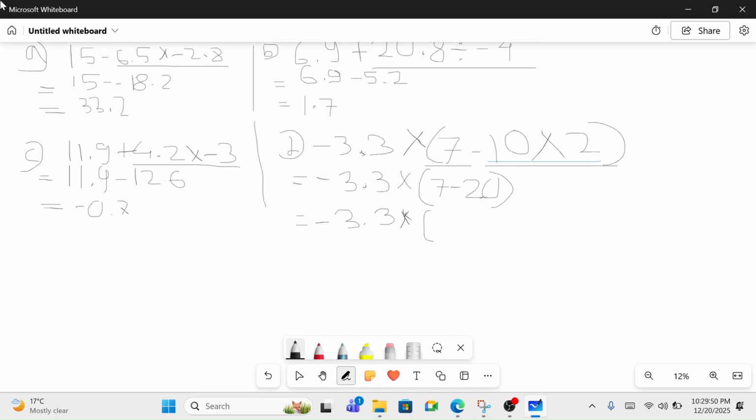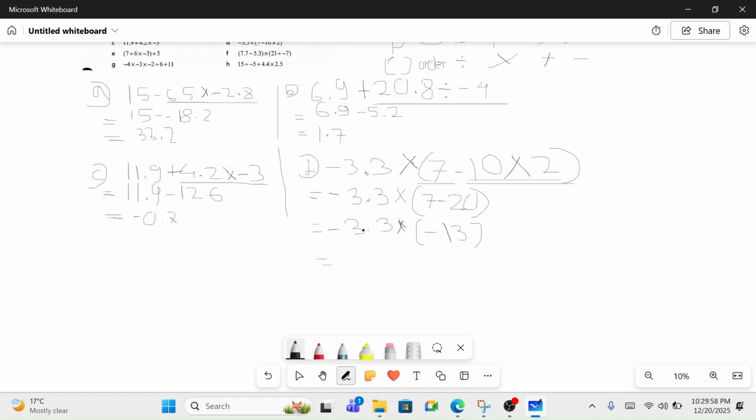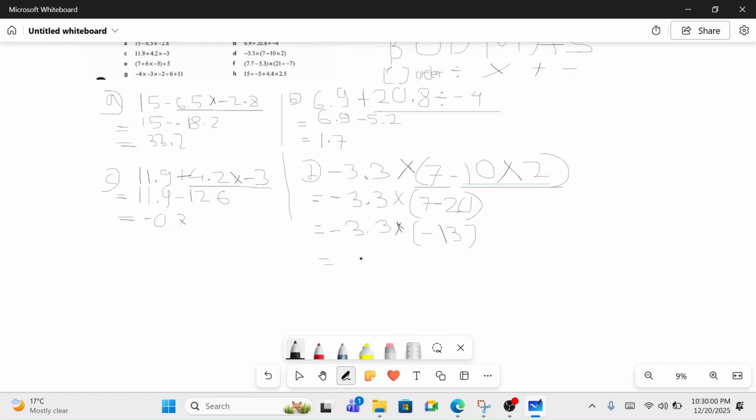So 7 minus 20 will give us minus 13 in the bracket. Now we can do minus 3.3 times minus 13. So 3.3 times minus 13 gives an answer of around positive 42.9.